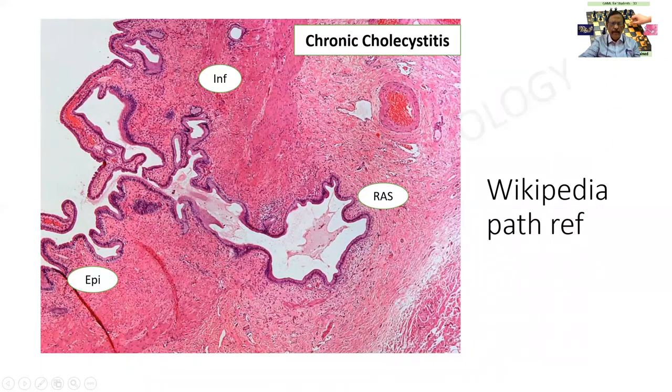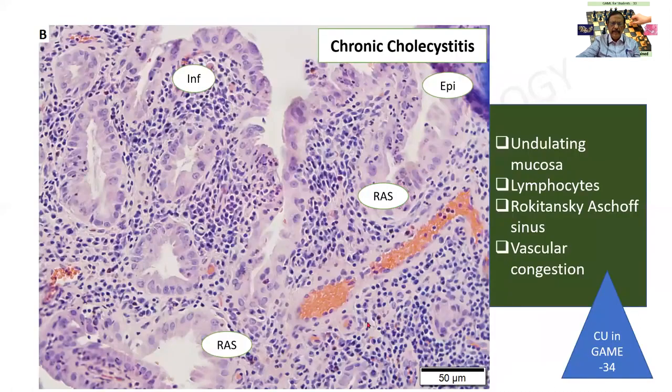But more important, I found that there is a diverticulum that is going deep inside, and it is open only at one end here, whereas the other end is blind. Hence it is called a sinus. And this sinus has been given a proper name, the Rokitansky-Aschoff sinus, a classical hallmark of chronic cholecystitis.